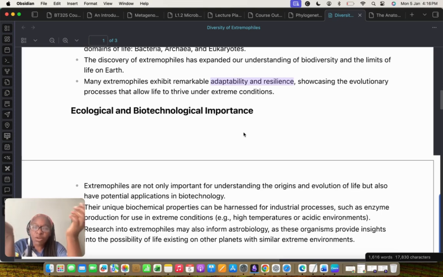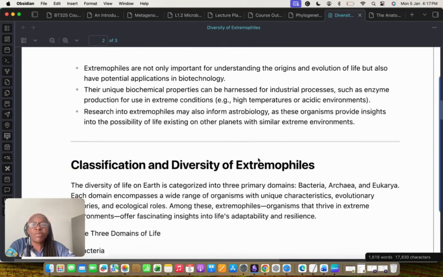Or it just uses certain codons in its DNA. All those things become obvious when you study these extremophiles. And that's what allows you to take that learning and apply it in a biotech kind of solution. So that is why these organisms are so important.